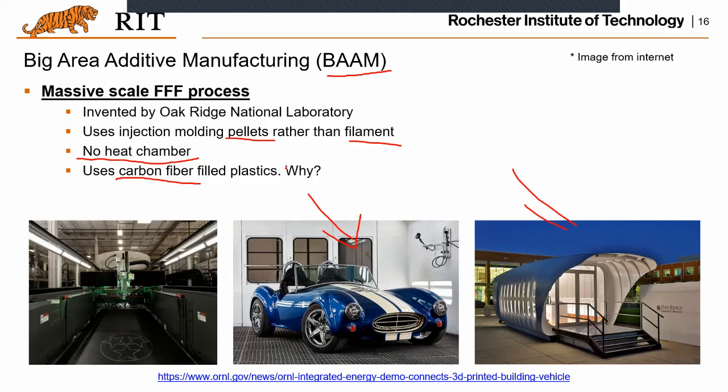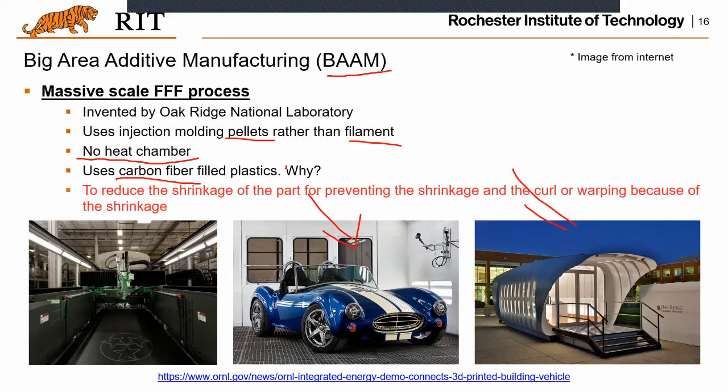The carbon fiber will reduce the shrinkage and cancel out the shrinkage introduced during the printing, because there is no heat transfer. Again, you have to figure out other ways to prevent the shrinkage, and this carbon fiber filling is the solution.